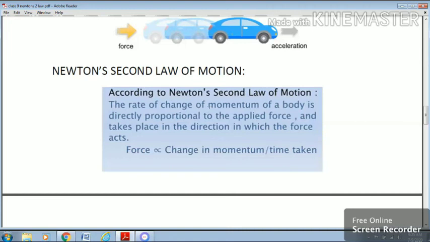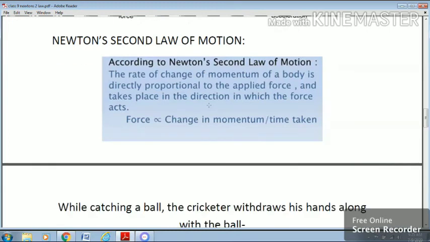Force is directly proportional to change in momentum and inversely proportional to time taken. So Newton's second law, all the examples and applications are based on this formula only, that is force is inversely proportional to time taken.